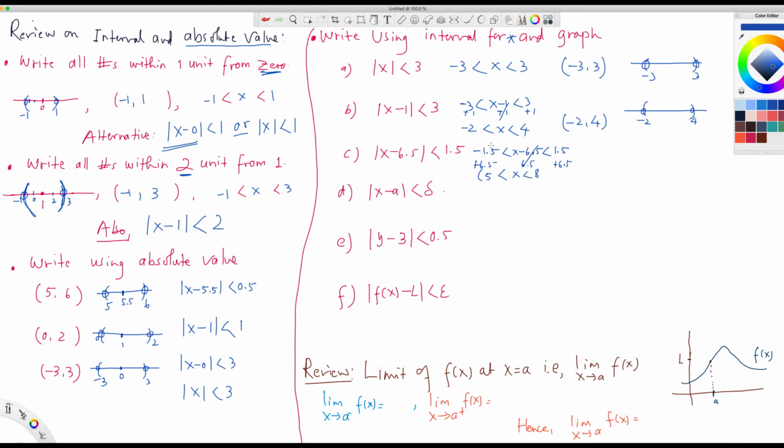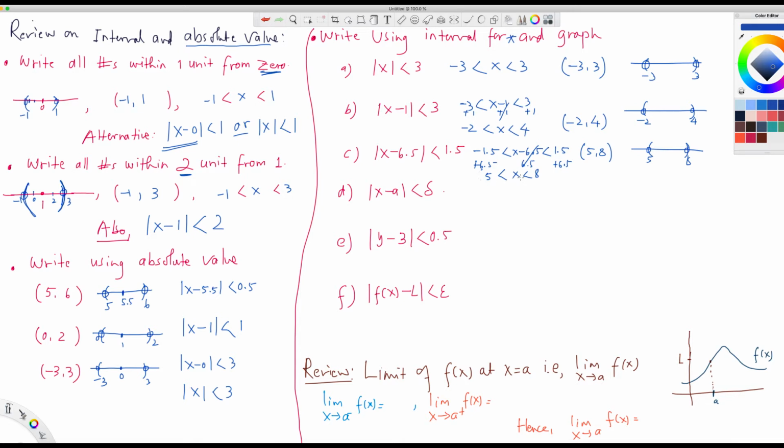You don't need parentheses here because we are using the inequality, the less than symbol there. Okay. Now, how do I write this using the interval notation? It is 5 through 8, with open interval, 5 to 8. You can write open interval there. And then this is how it looks like.